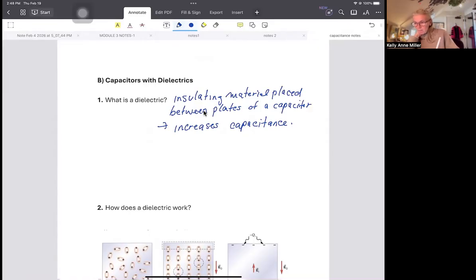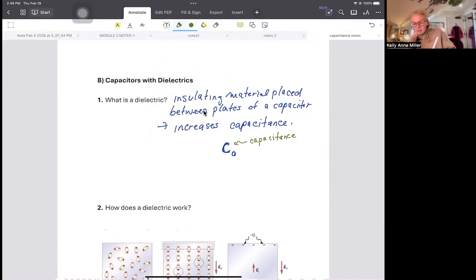So if you have a capacitor that doesn't have a dielectric, we often refer to that as just C naught. Okay, so this is referred to as the capacitance where the only thing separating the plates is either air or even a vacuum, right?